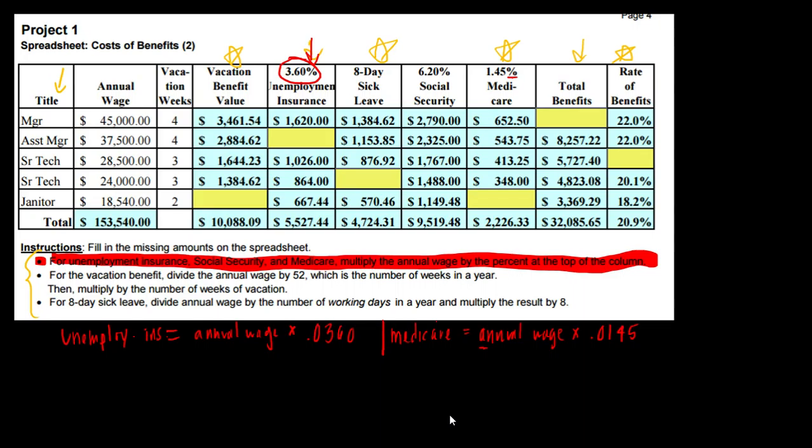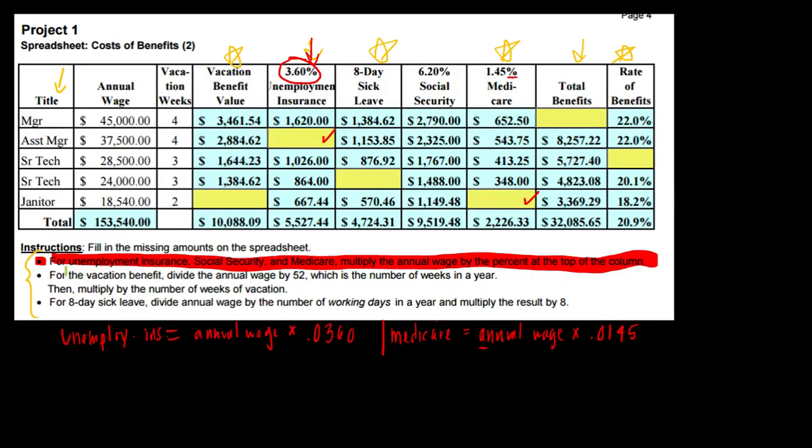Those are two different units and you can't do that. As I said in my last video, that would be like taking 2x and adding it to 3y. You're just not allowed to do it. So make sure you always convert to decimal form. So for unemployment insurance, we take annual wage by the unemployment insurance rate expressed as a decimal. Medicare, we take the annual wage and multiply by the Medicare rate expressed as a decimal. And that takes care of these two boxes. So let's continue.